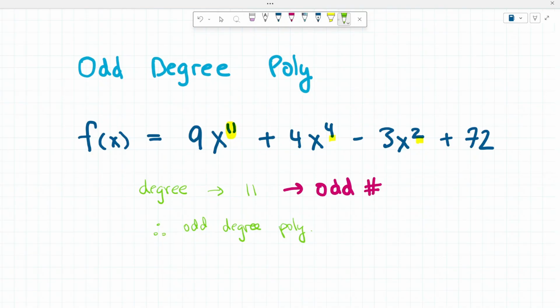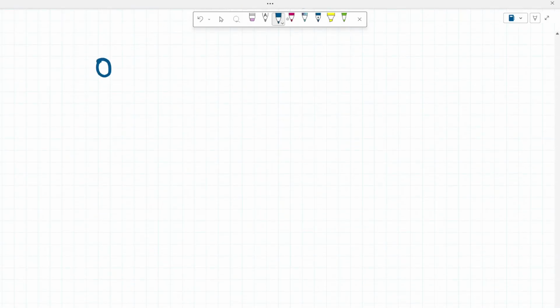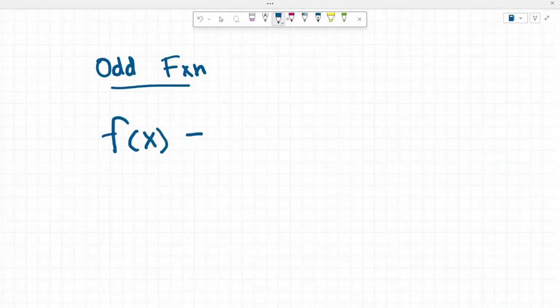Now let's look at the stricter definition and take a peek at what an odd function looks like. An odd function has the following algebraic definition: we have to have f of x equal to negative f of negative x. Now if we want to look at the graphical or transformation side, just like before, we have the negative in front of the x.